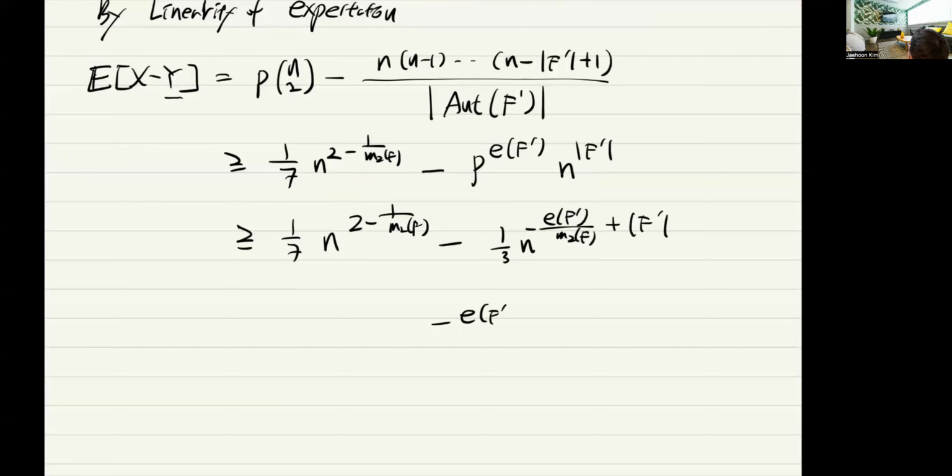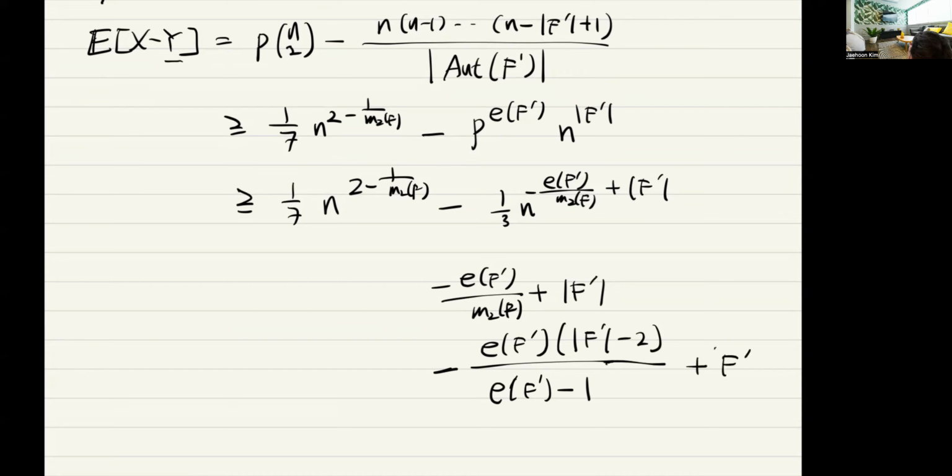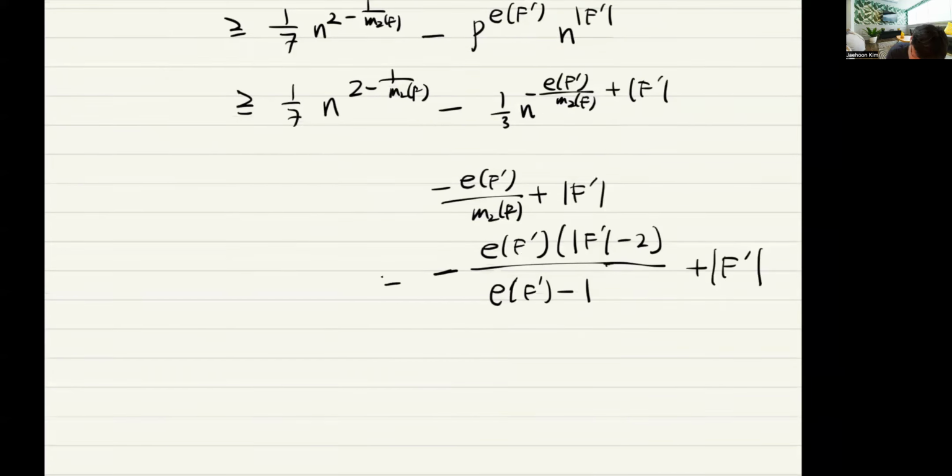But what's this? Using the definition, this is e of f prime minus 1 over e of f prime times f prime minus 2. This is what you get.